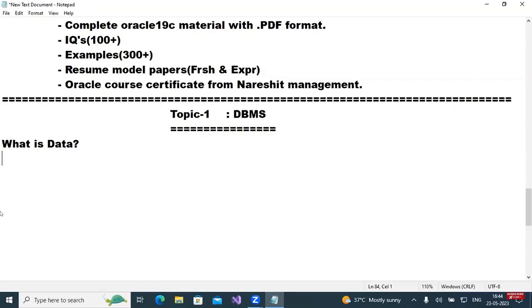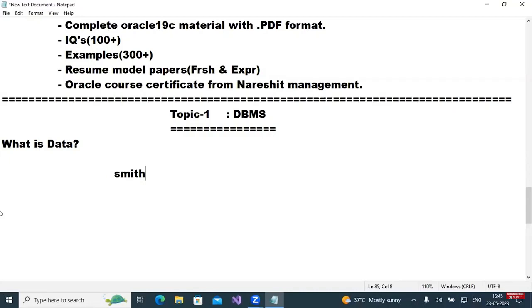Data is a collection of objects, raw facts. Suppose one of the names I wrote is Smith. Is it data or information?